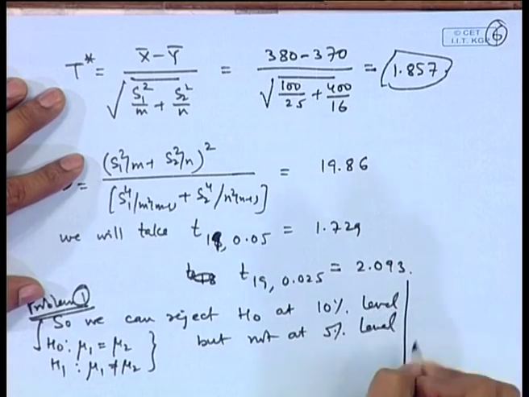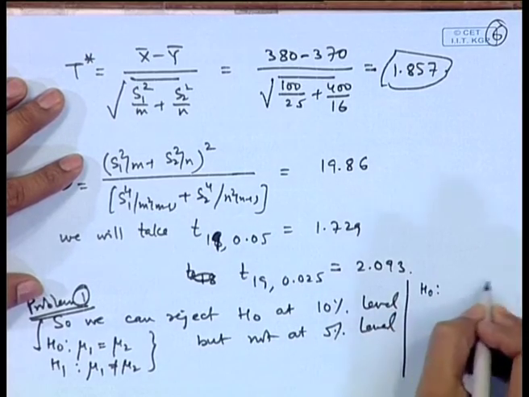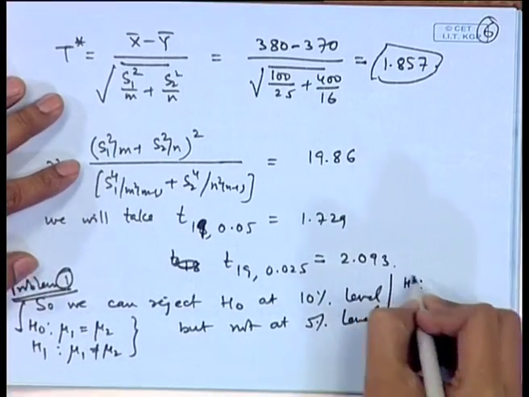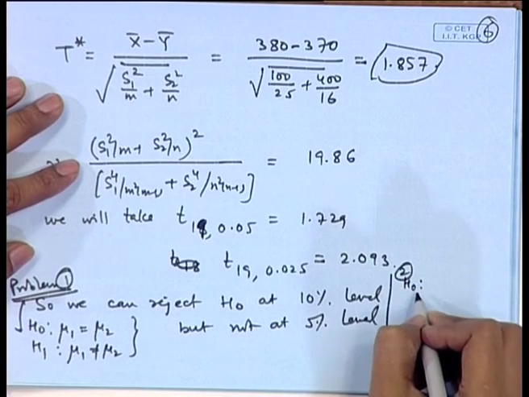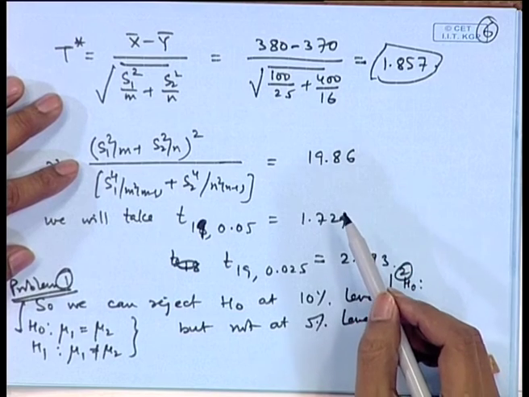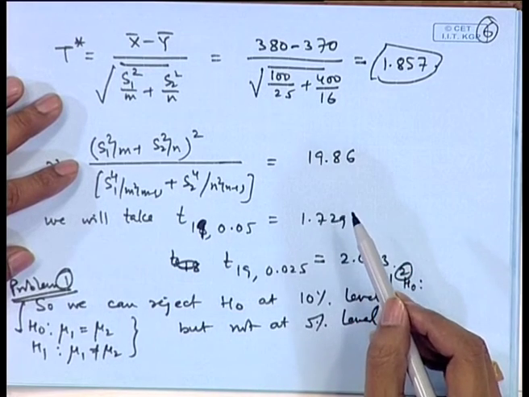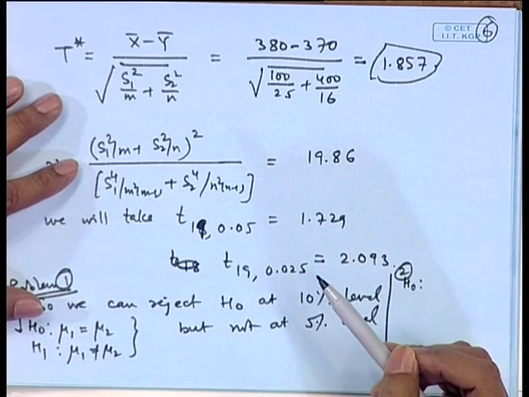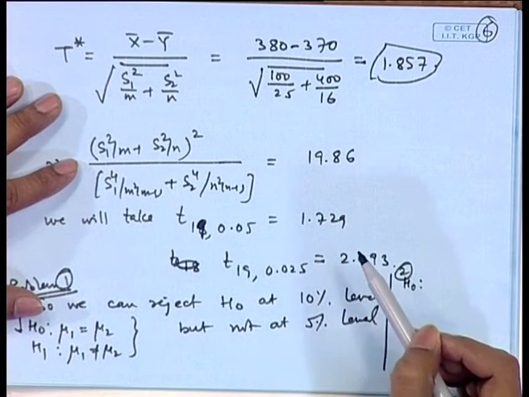However, if we are considering a one sided test, say hypothesis testing problem 2, the rejection region is T star greater than or equal to T nu alpha.